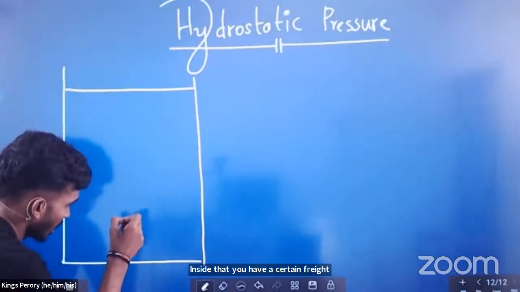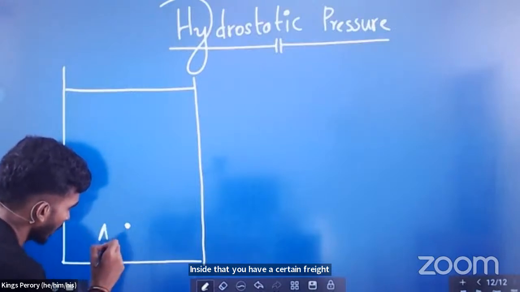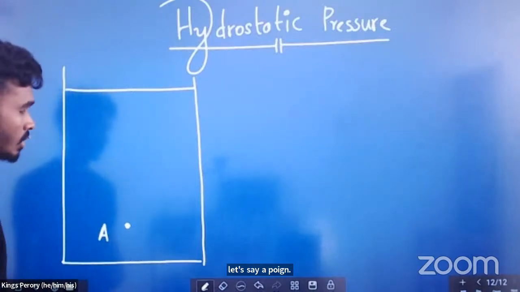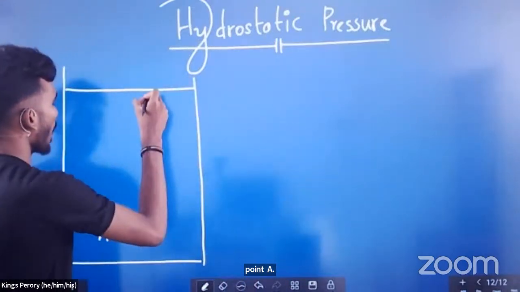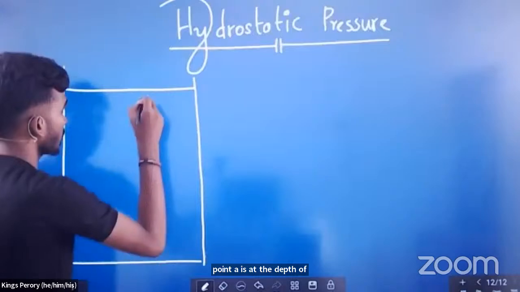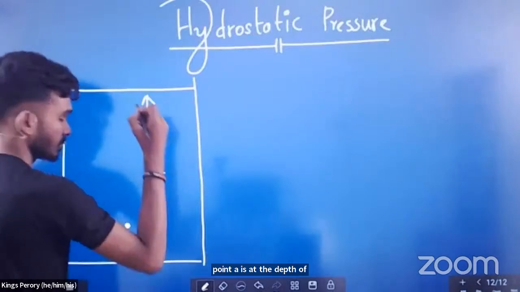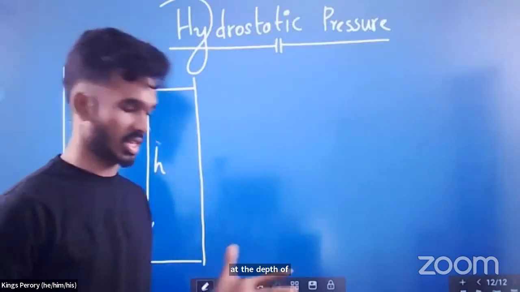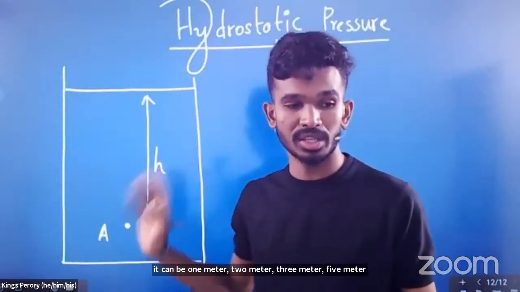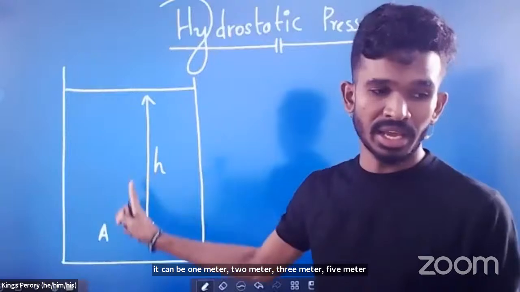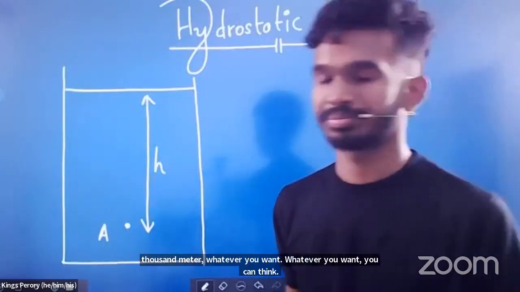Let's say a point A. Point A is at a depth of h. Depth is h. h can be 1 meter, 2 meter, 3 meter, 5 meter, 1000 meter, whatever you want. Point A is at a depth of h.